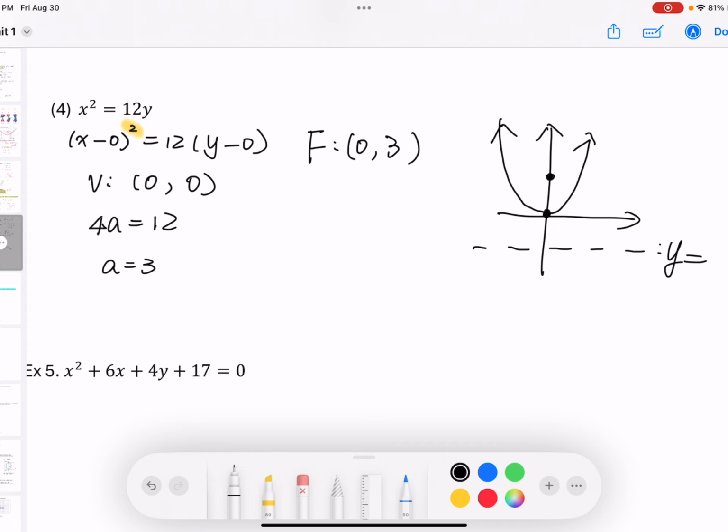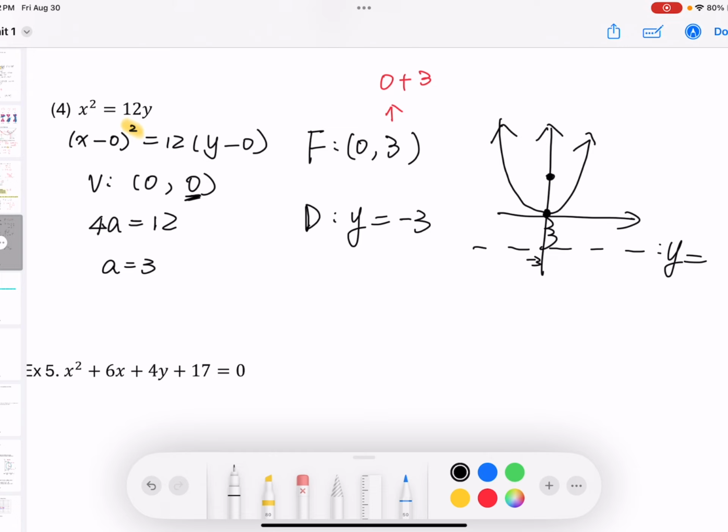You can also use the formula: 0 plus a, plus 3, which is 3. And then the directrix: y is equal to something. Based on the 0, we move down 3 units. 1, 2, 3. We have -3. y equals -3 is my directrix. So we found our directrix. You can also find it from 0 minus a.